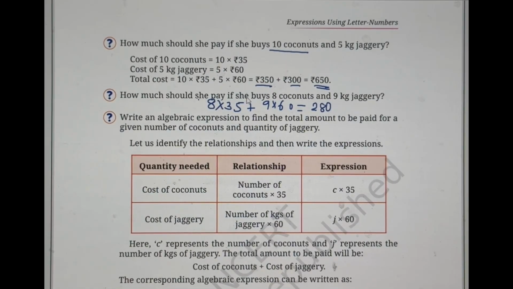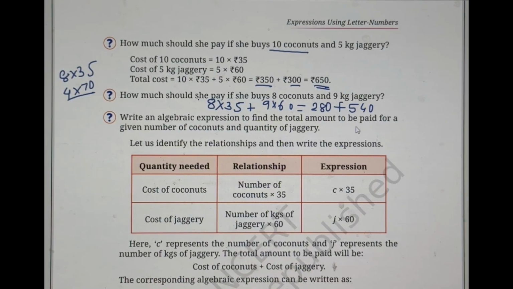Now see, how did I do this mentally? In 8 into 35, I'll explain a little bit of mental maths. Instead of 8 into 35, you double 35, that becomes 70, and you halve 8. Now the multiplication is easier. 4 sevens are 28, so it becomes 280. Plus 9 sixes are 54, so it is 540.